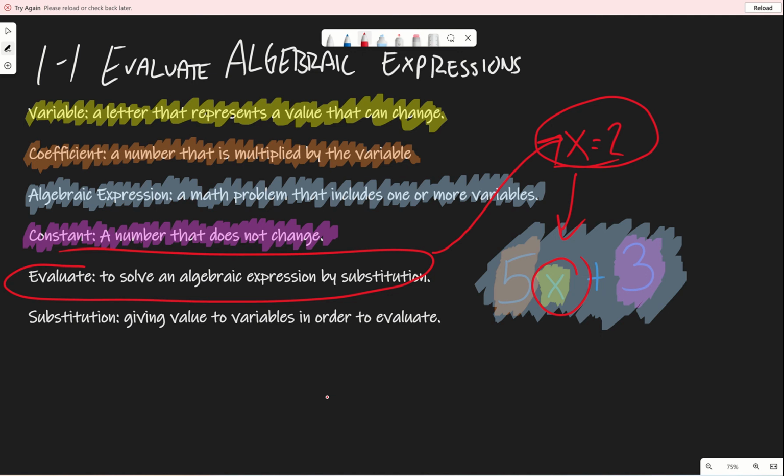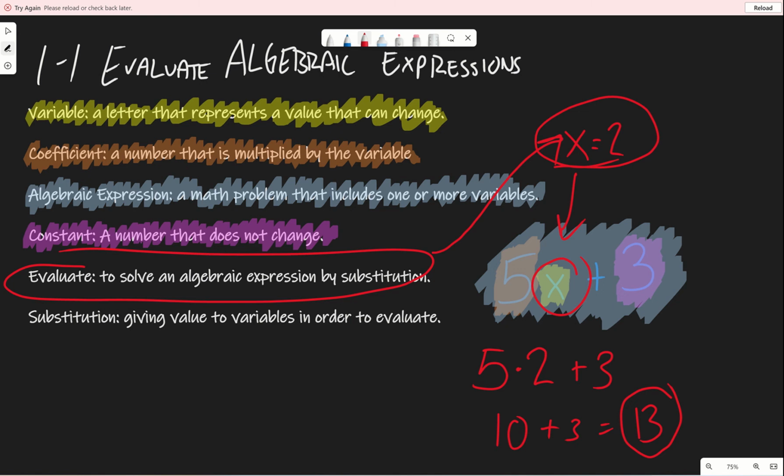So we would rewrite this by saying 5 times 2 plus 3. And I'm going to solve using PEMDAS. Multiplication first, 10 plus 3 equals 13. So we evaluate this expression when x equals 2. This equation equals 13. All right, let's slow things down for a minute here. That got a little bit confusing.